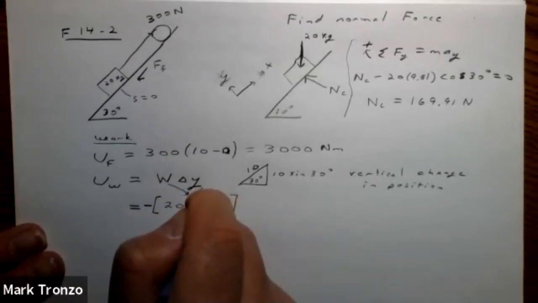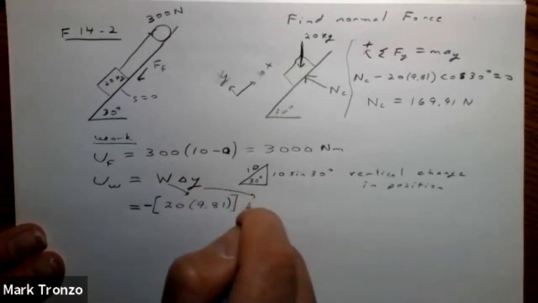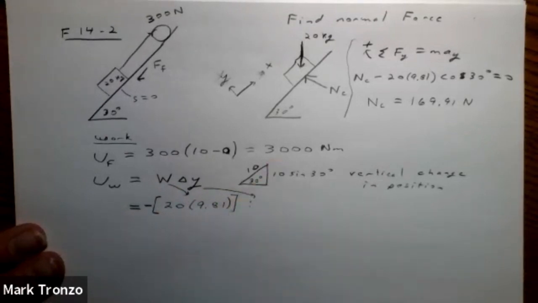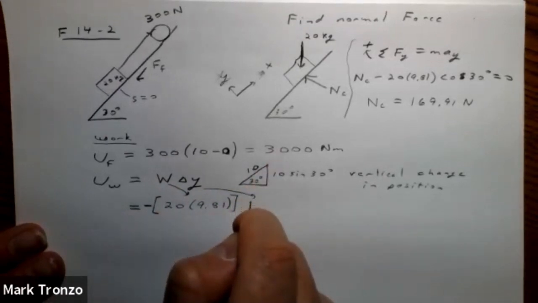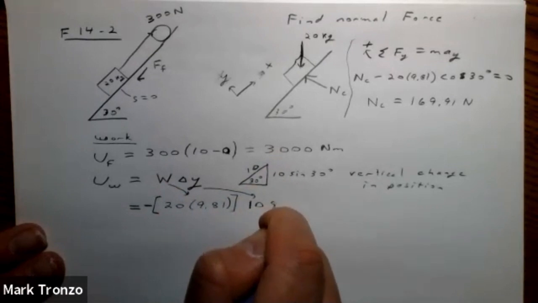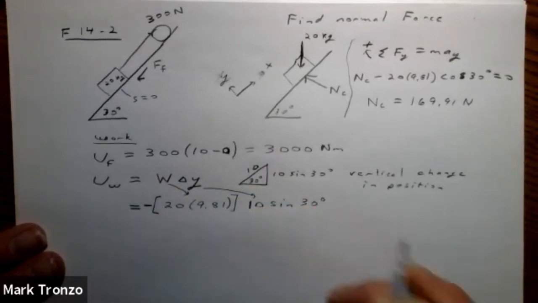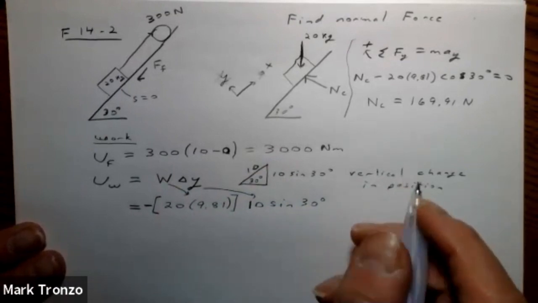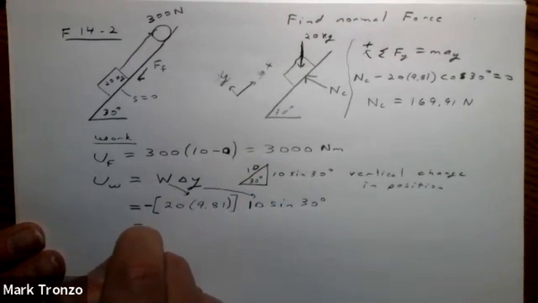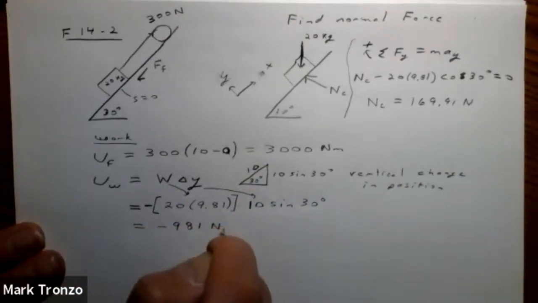And then the change in Y is going to be that 10 sine 30 degrees. So the work done by the weight is going to be minus 981 Newton meters.